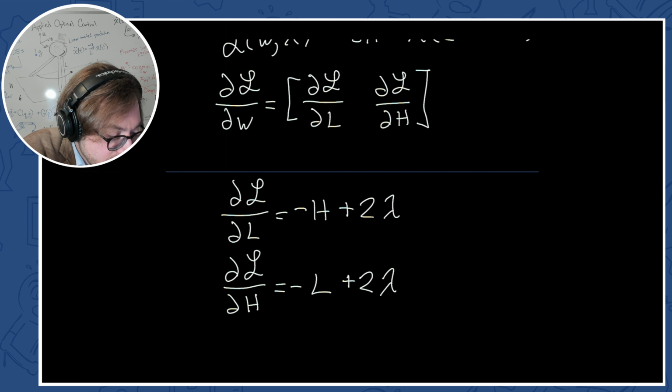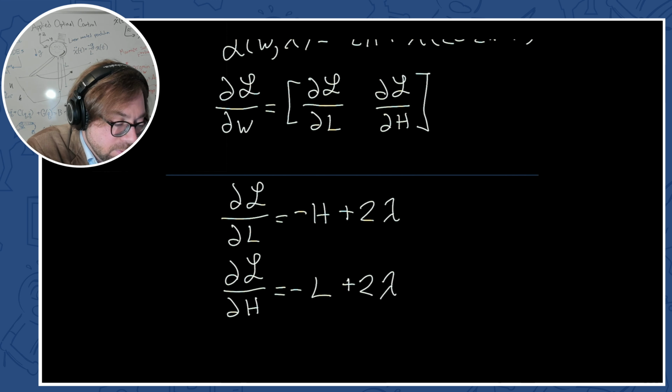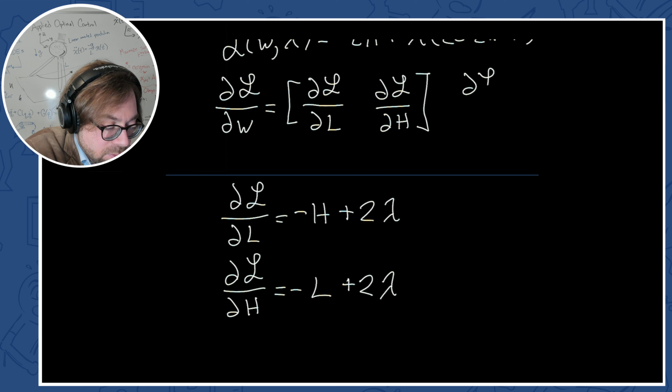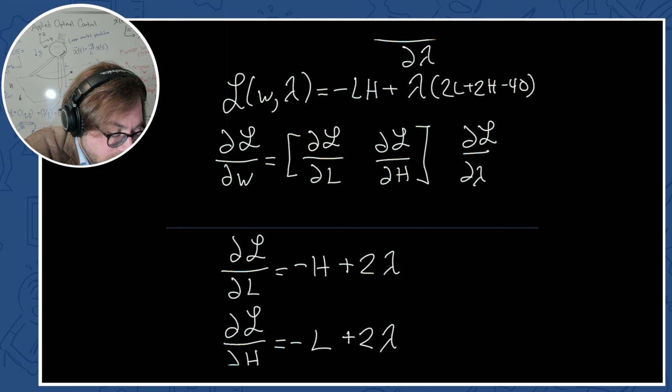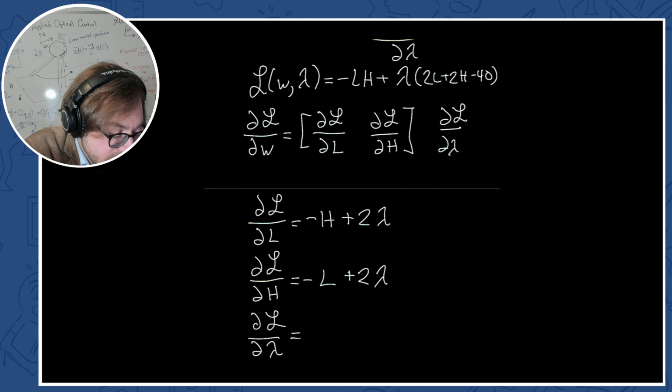All right. That's cool. But we also need to know partial L, partial Lagrange multiplier. Well, what is that? Let me write it down here. Partial L, partial Lagrange multiplier, lambda. Well, the only lambda that I see is up there.